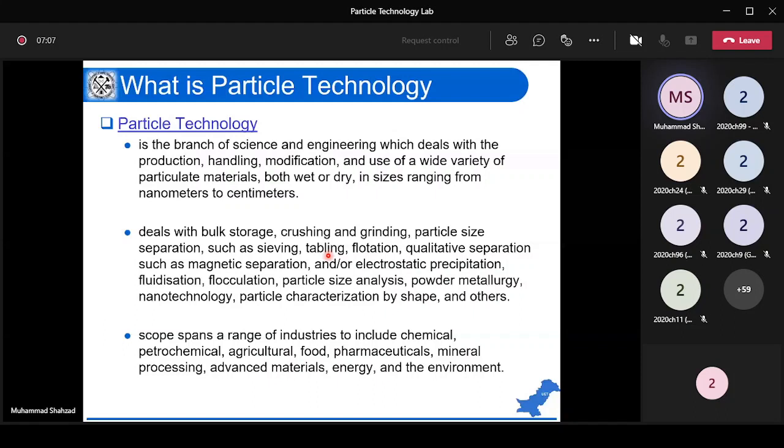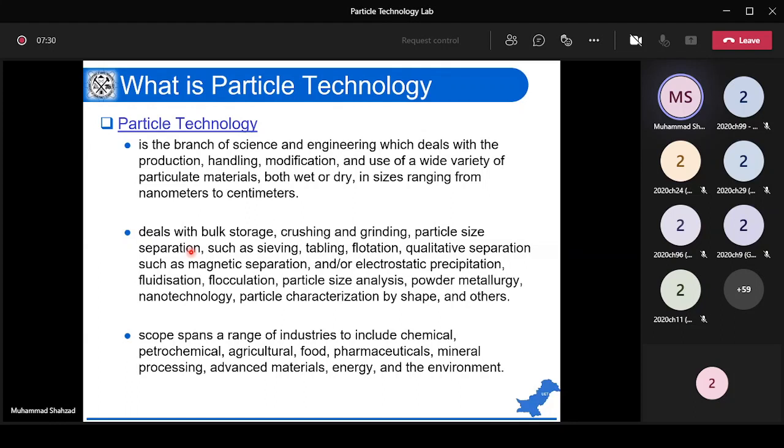Your work starts at the main plant, and the main plant contains crushing units, grinding units, separation units, and then obviously chemical reaction chambers, and then the other units after the handling chambers, right? All these things come under the scope of a chemical engineer.